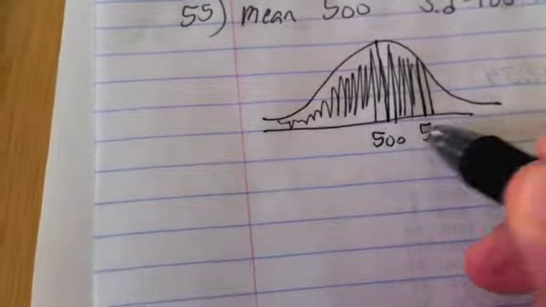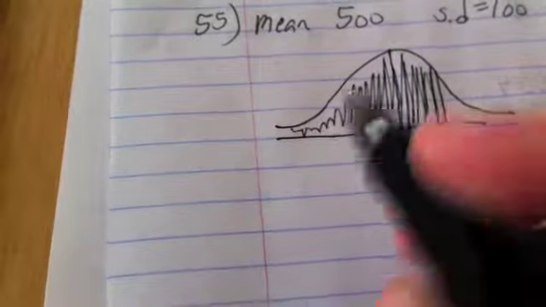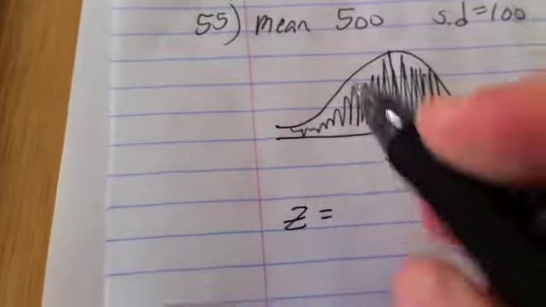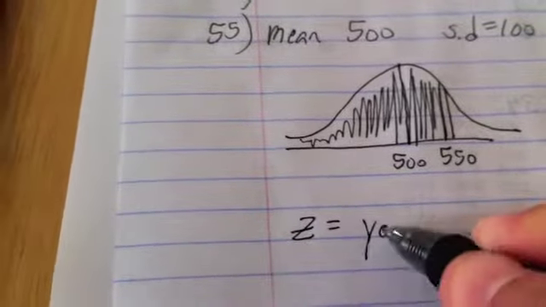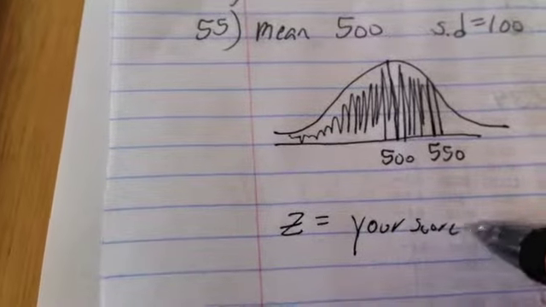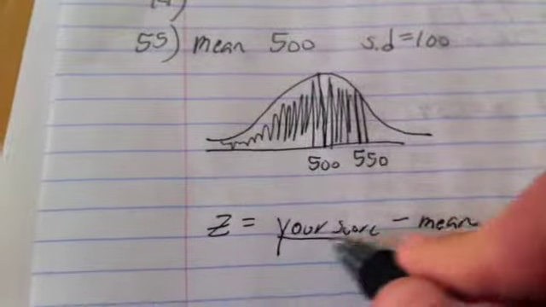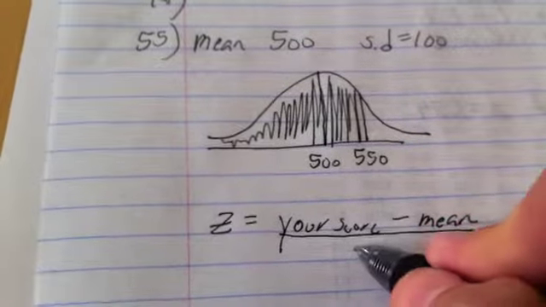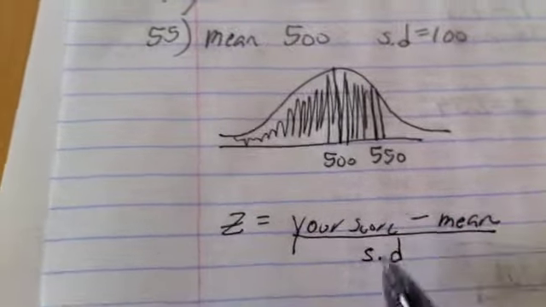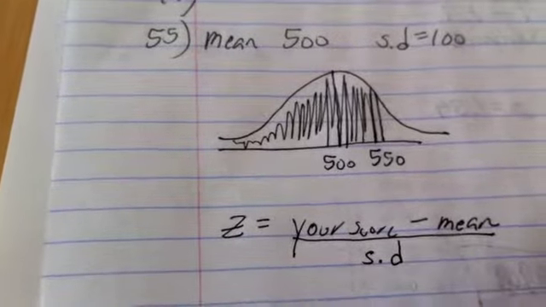So the 550, to get a z-score, you want to take the score you're looking at, so your score, figure out how far that is from the mean, so subtract the mean, and figure out how many standard deviations that is by dividing by the standard deviation.